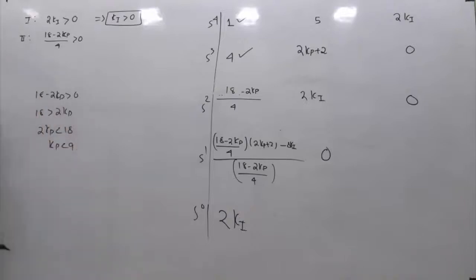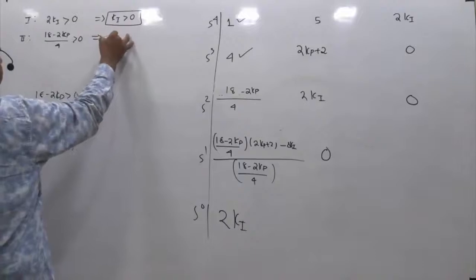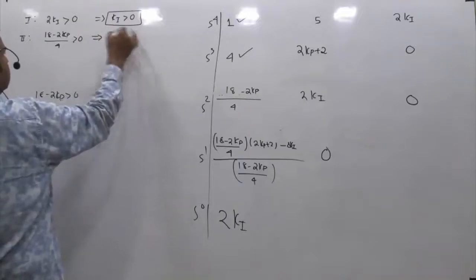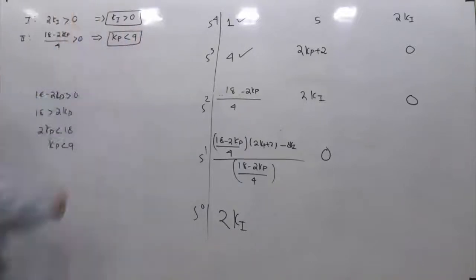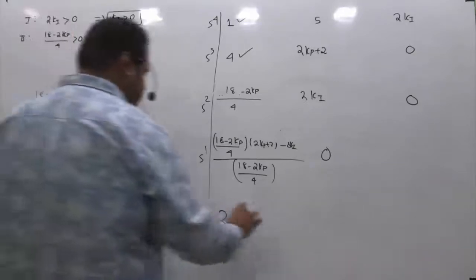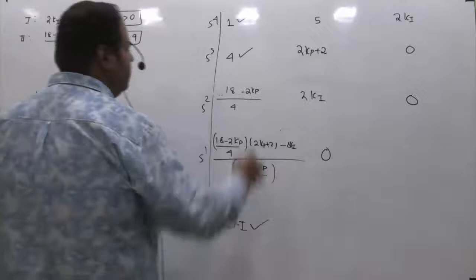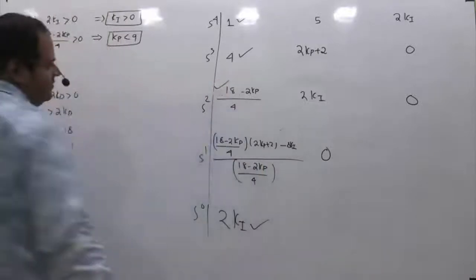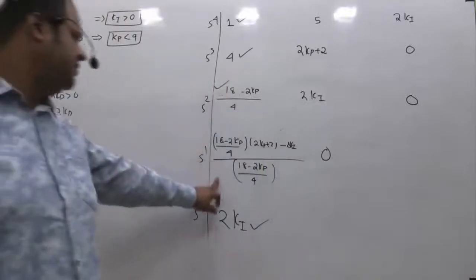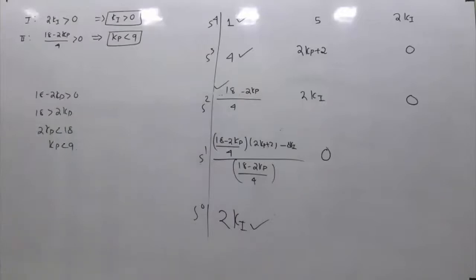So from this we are getting one more condition, Kp is less than 9. Okay, so we have handled this one, we got the first condition. We have handled this one, we got the second condition, and I am left with this complicated term. Let's see how to deal with this.